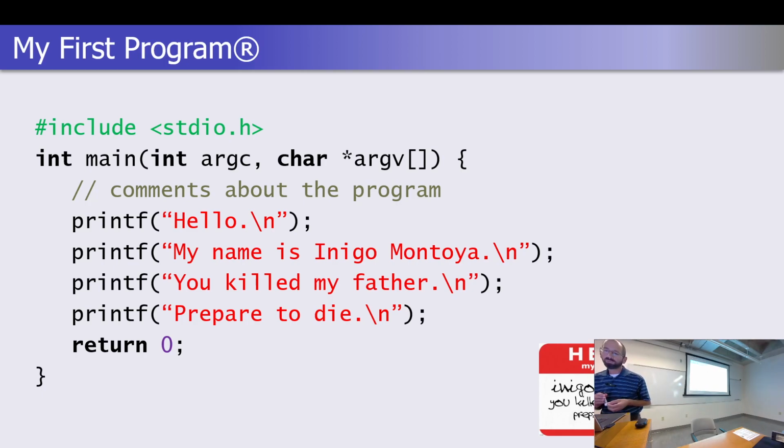Now, for better or worse with C programming, even for what's considered the most introductory program one can write in the language, there's a lot of things going on here. So we're going to start slow and break it down, and eventually I think all the pieces will make perfect sense. It may not make sense today.